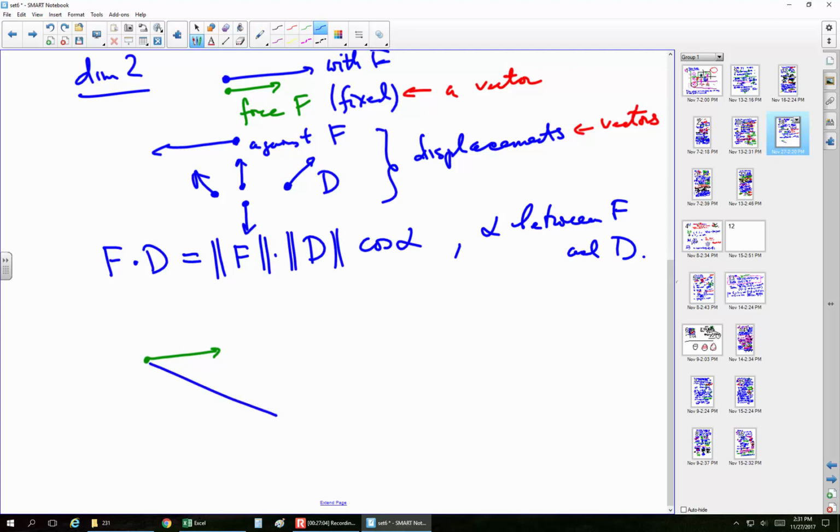Suppose this is our displacement D, so we're moving in that direction, and my force is pointing in this direction. Then part of the force does not work against us. We only care when we're pulling against gravity. So I'm lifting, which certainly takes some work. But if I do it diagonally like this, then the horizontal motion presumably has nothing to do with gravity. So this part is lost.